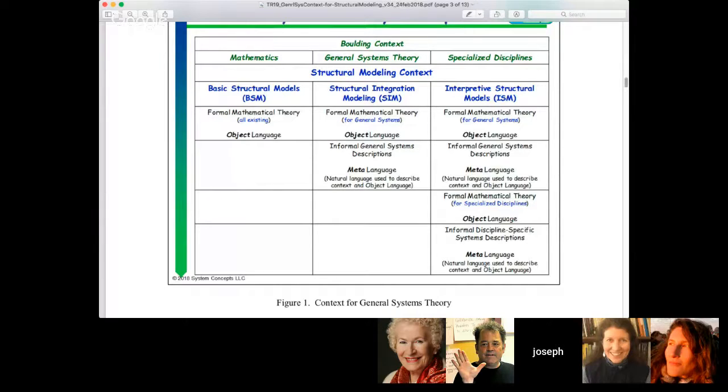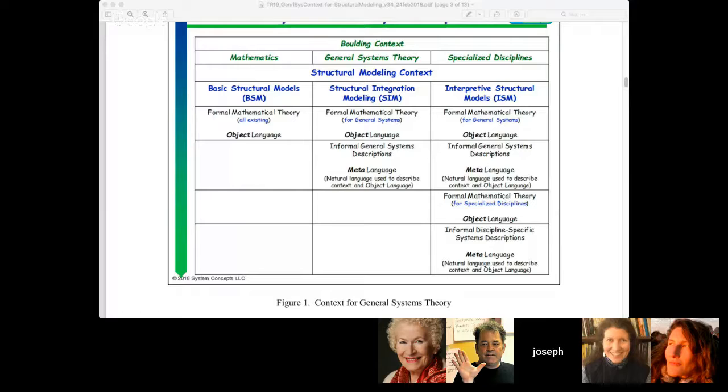So under interpretive structural modeling in the right column, the informal general systems descriptions are where you go back from the formal, the BSM, into the human realm.